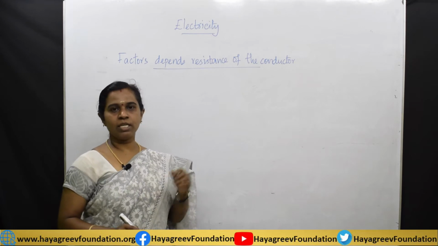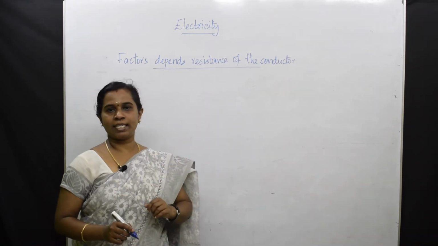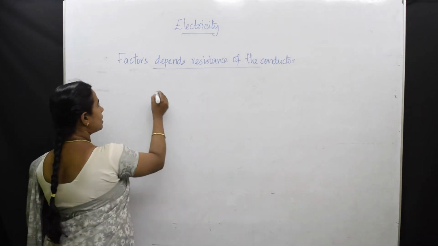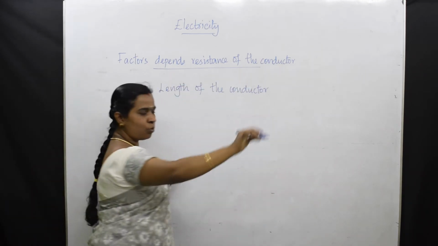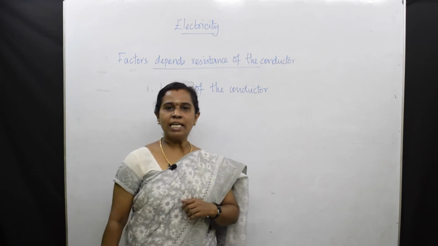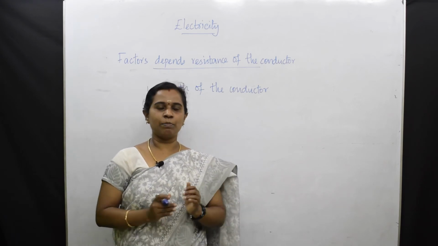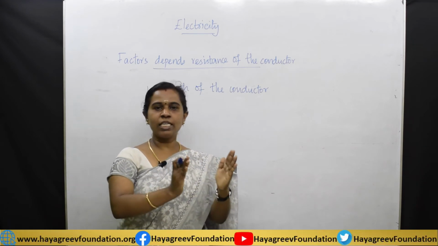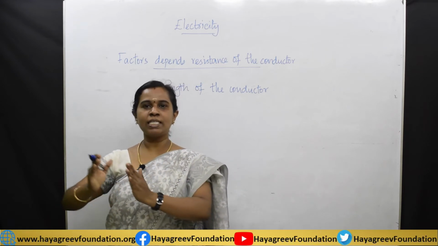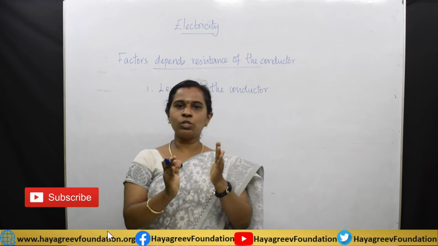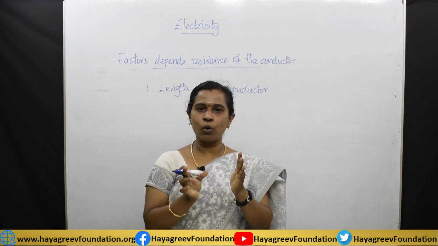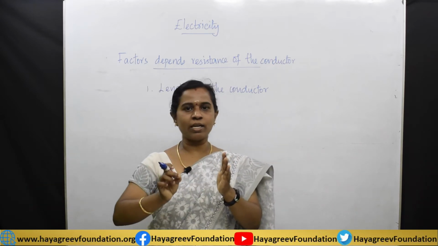Factors on which the resistance of the conductor depends. The first factor: resistance depends on the length of the conductor. How does resistance depend on length? For example, we take 3 wires, of 1 meter, 2 meter and 3 meter. 1 meter is a very short length, so charge carriers have to cross only a small distance, and easily cross the conductor.